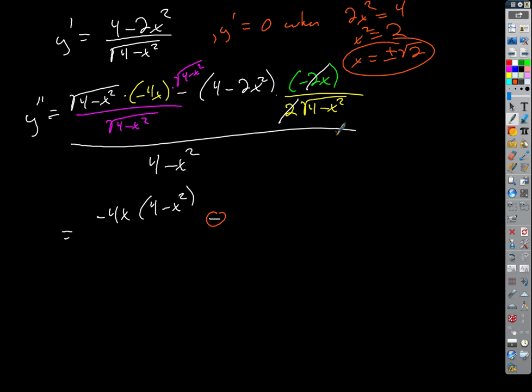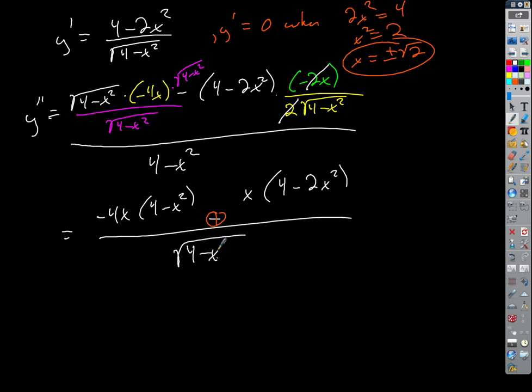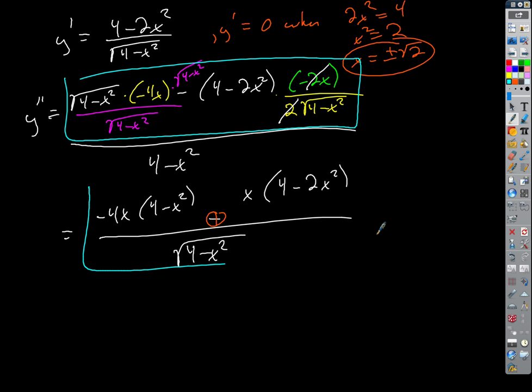Minus a negative becomes a plus. And I've got my x times 4 minus 2x squared over my common denominator of the square root of 4 minus x squared. That's just the numerator. Everybody get that? We still haven't divided the whole thing by 4 minus x squared.